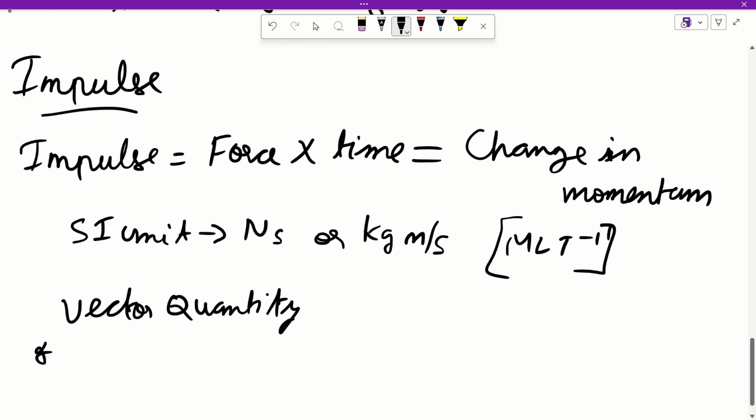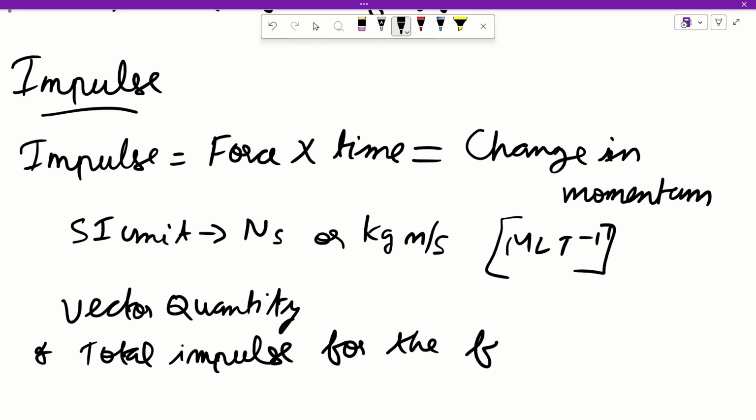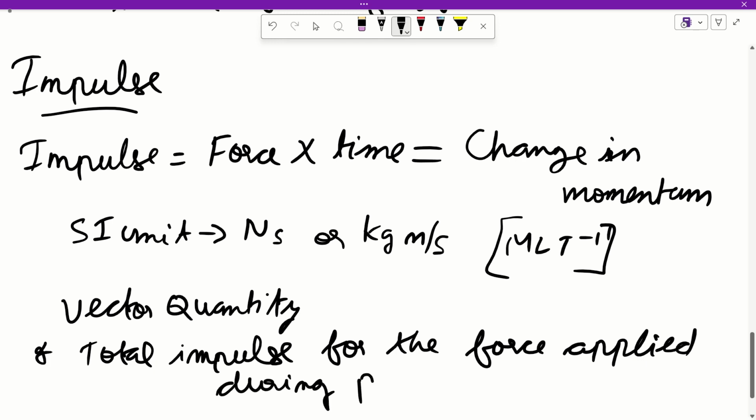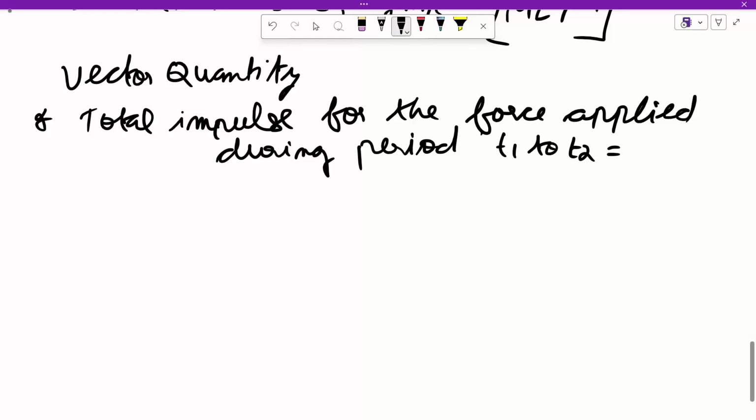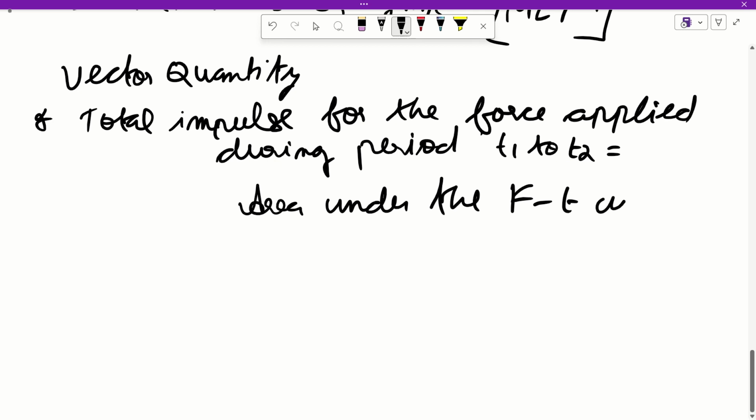Total impulse for the force applied during period T1 to T2 is equal to the area under the F-t curve from T1 to T2.